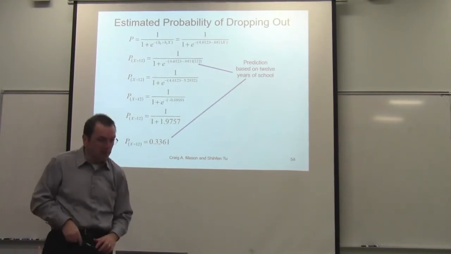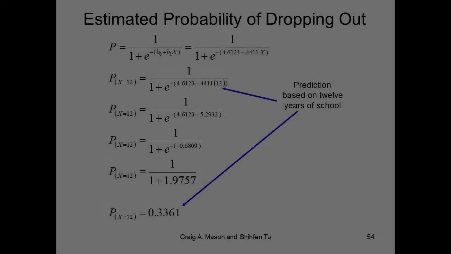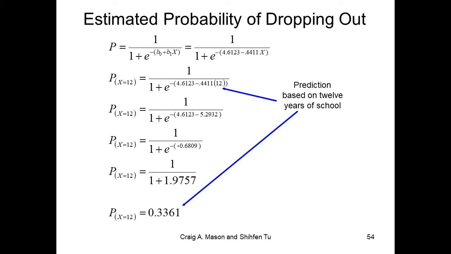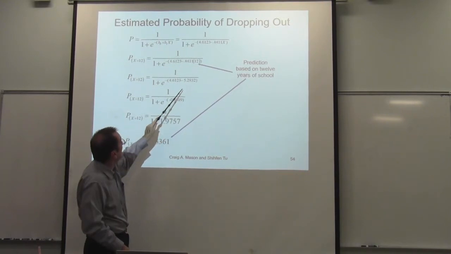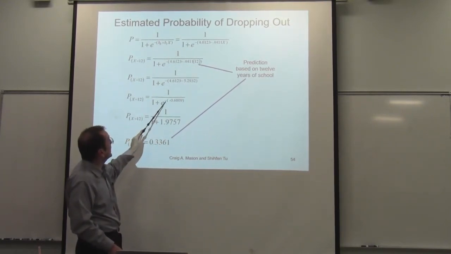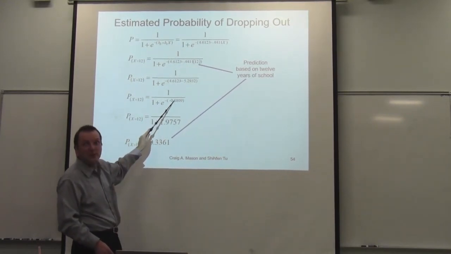We can do the exact same thing with a different value. What about if they had 12 years of schooling? We take the exact same equation, but now we plug in a 12. And you get down to 1 over 1 plus e to the negative 4.6 minus 5.29, or 1 over 1 plus e to the negative 0.68.